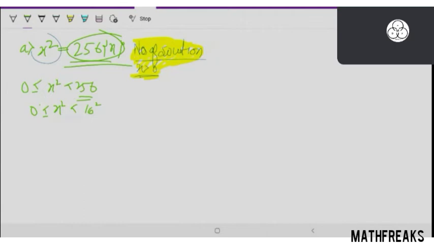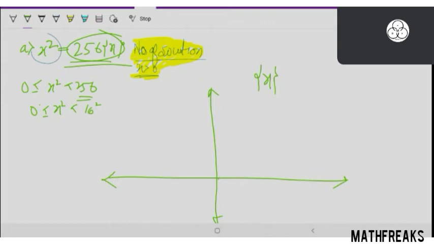That's better. We have already seen the graph of curly x, which is something like this. Now when multiplied by 256, what changes in the entire graph? Can you see? The range changes, obviously.